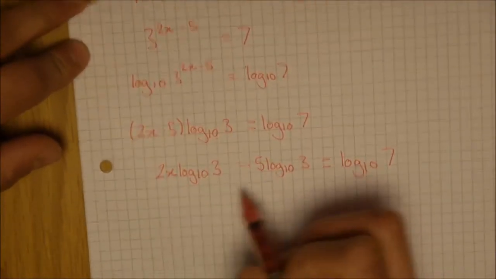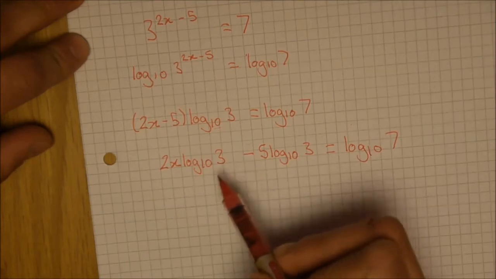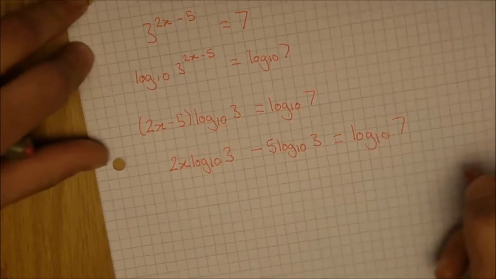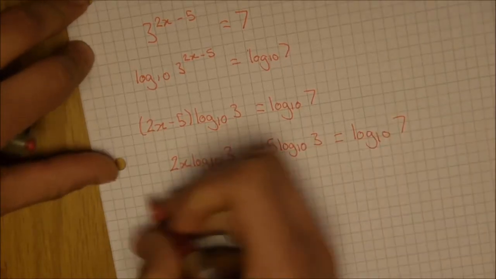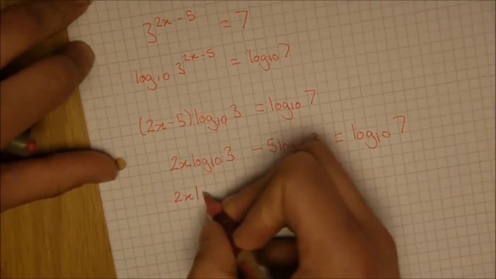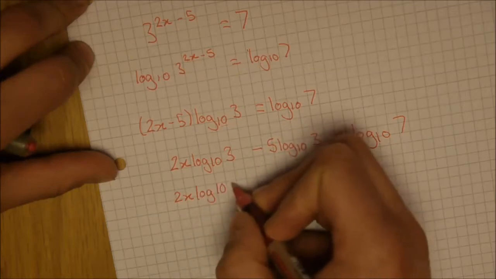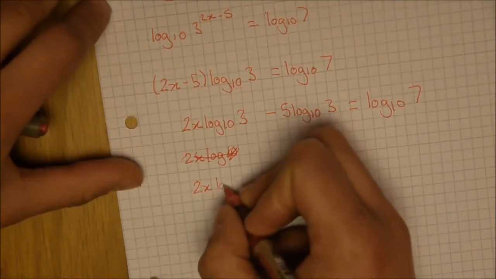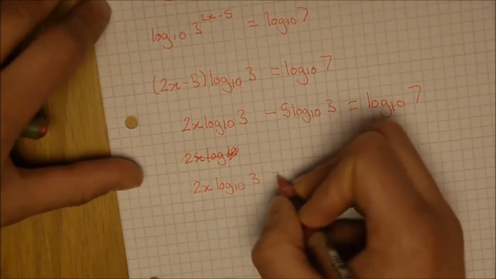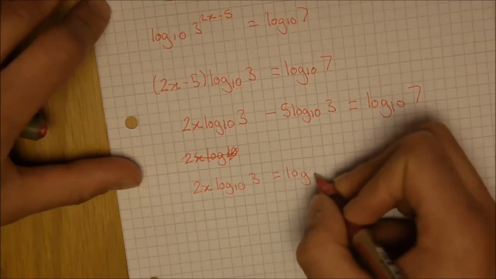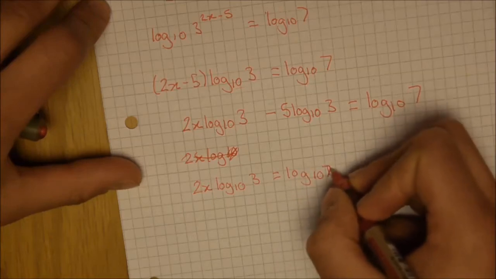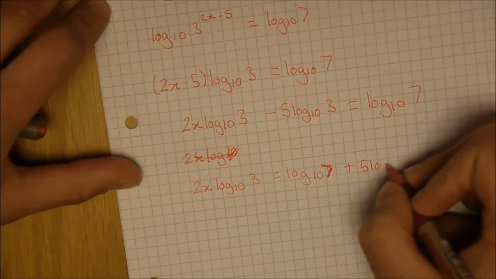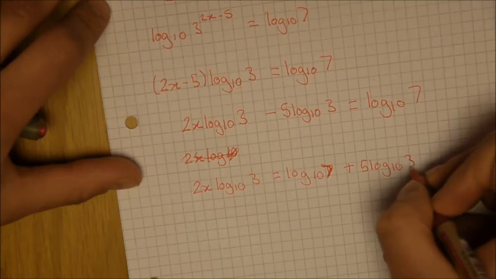Also, now that we've got it written as a 2x, we can bring it over both sides effectively, so we can write just that 2x log 10 3 equals log 10 7 plus 5 log 10 3.